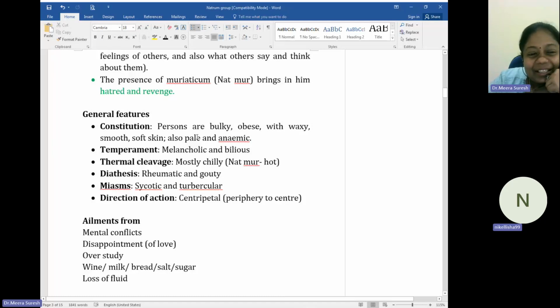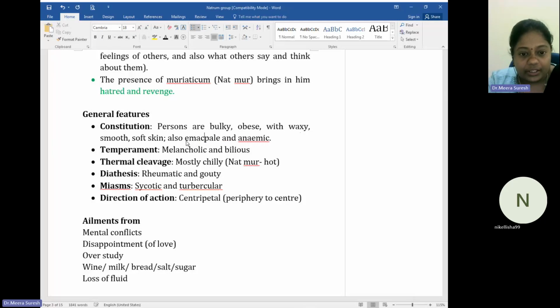Yes. Okay. Then constitution: either this person can be bulky, obese, or they will be very emaciated, like natrum mur, people who have hyperthyroidism or marasmus. So they will have that emaciated constitution. But the skin will be waxy smooth, which means they will be pale or anemic.